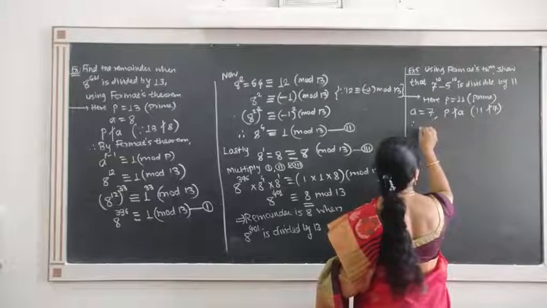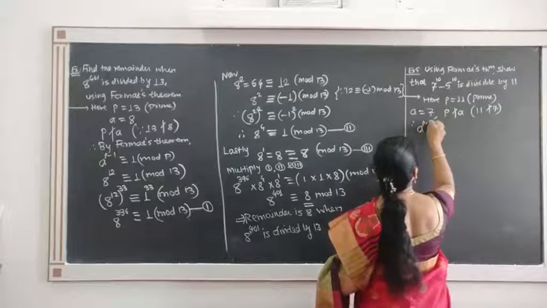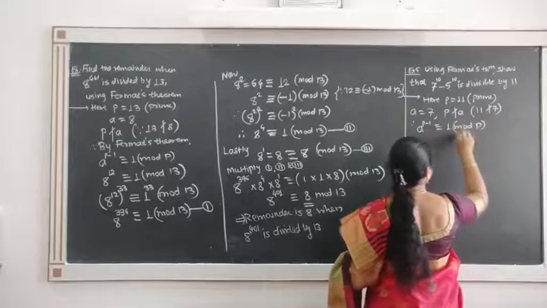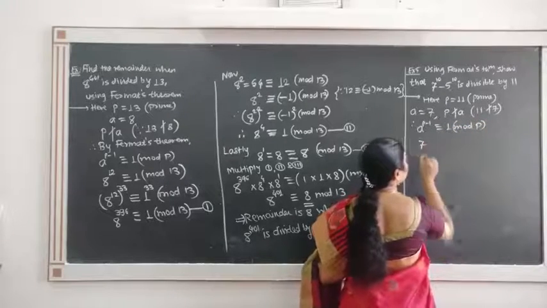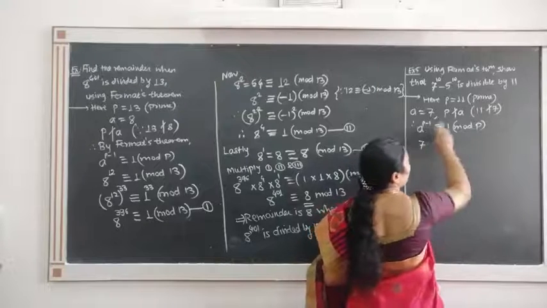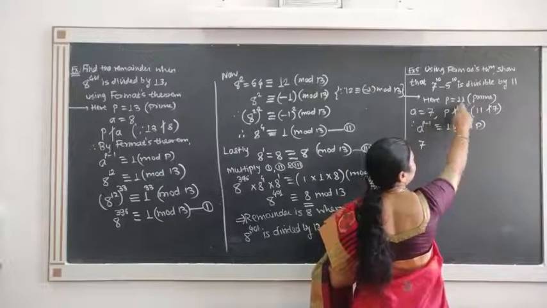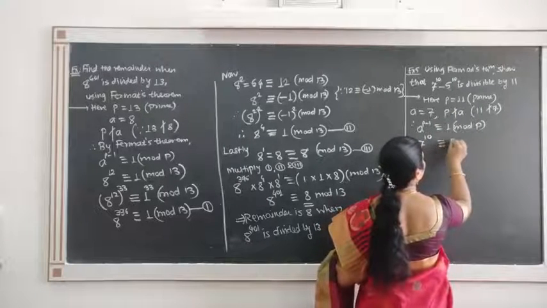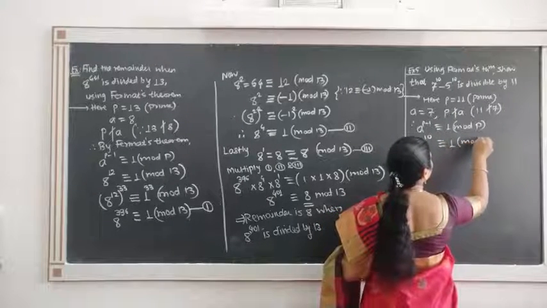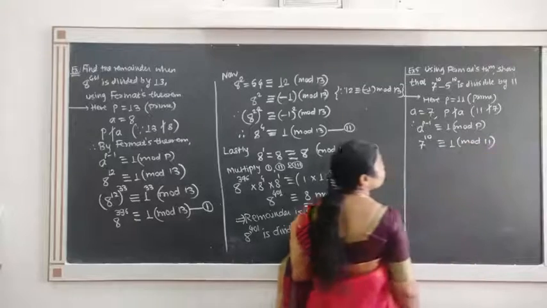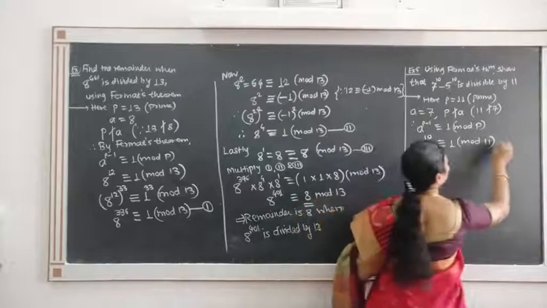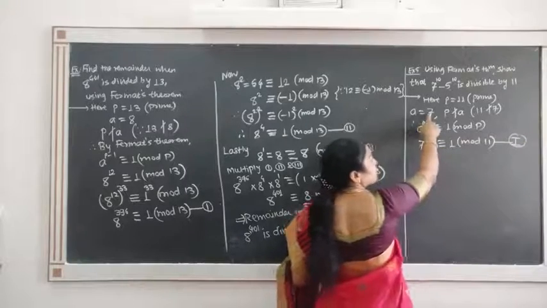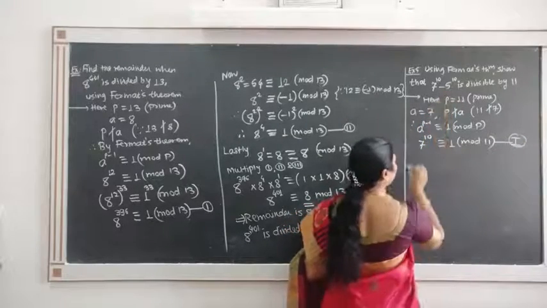So in the first case, we have A raised to P minus 1 congruent to 1 mod P by Fermat's theorem. So A is 7. P is 11. So 11 minus 1, that is 10, congruent to 1 modulo 11. So 7 raised to 10 is congruent to 1 modulo 11. Now instead of A to be 7, consider A to be 5.